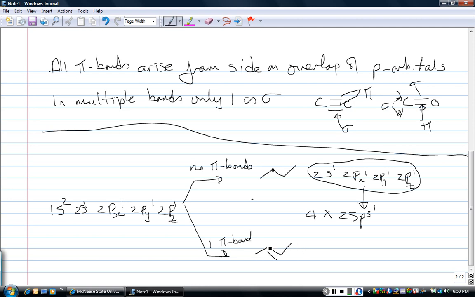Well, this carbon is clearly forming one pi bond, therefore it must reserve one p orbital for pi bond formation. So it's going to take the same basis set, 2s1, 2px1, 2py1, 2pz1, and it's going to say, you know what, this is untouchable. I must leave this alone in order to form the pp pi bond with the other carbon.